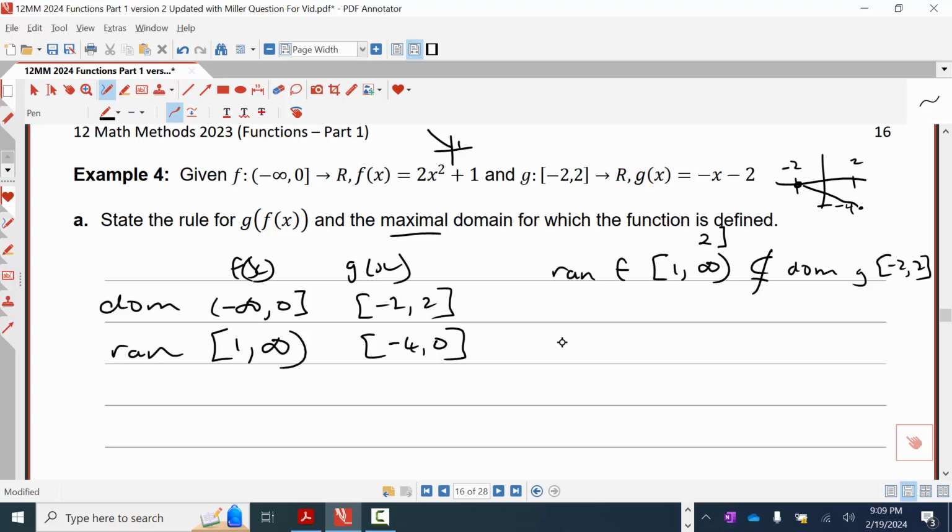So what we're going to do is the same as last time. We're going to go 2x squared plus 1 has to be less than or equal to 2. Has to be less than or equal to this value here. All right, let's go ahead and solve this. So 2x squared, take 1, less than or equal to 0.